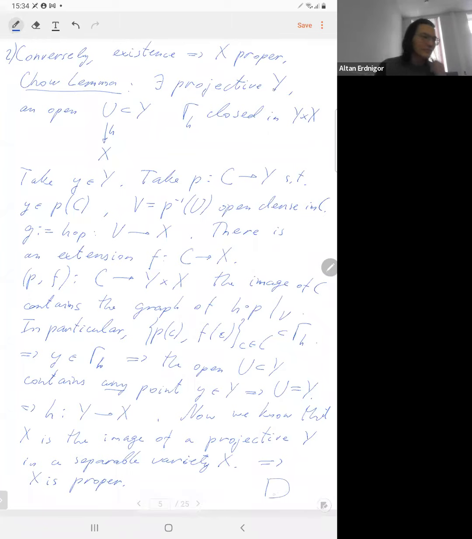Okay, so we did prove the evaluative criteria. Okay, and now what I promised the last time is some nice description of the category of smooth curves with finite morphisms.